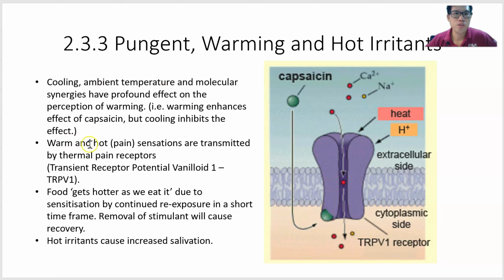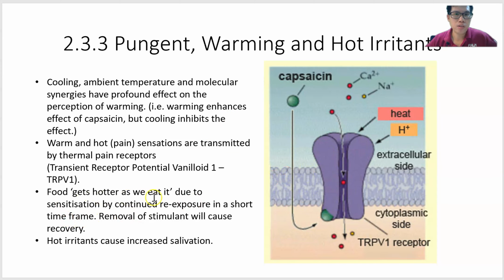So warm and hot sensation are transmitted through the thermal pain receptor, TRPV1. Those thermal pain receptors in your mouth can sense it. So when capsaicin attaches to it, you will send the signal through the trigeminal nerves.